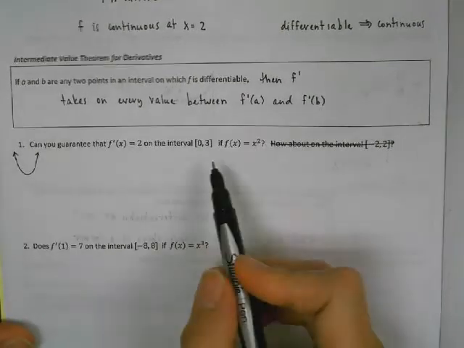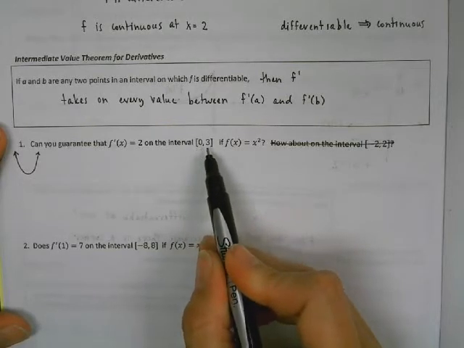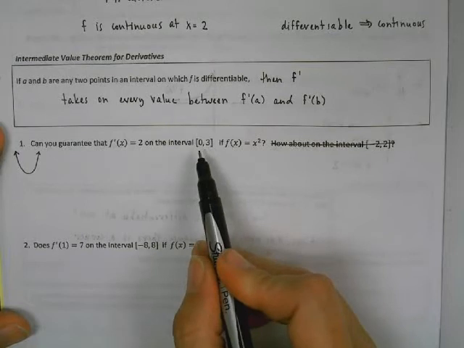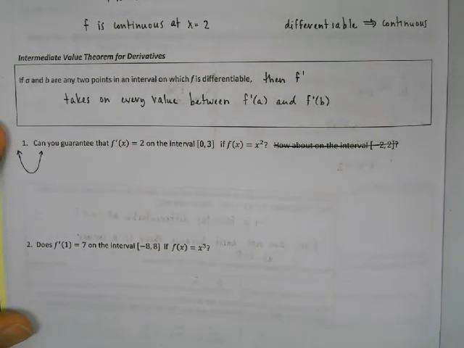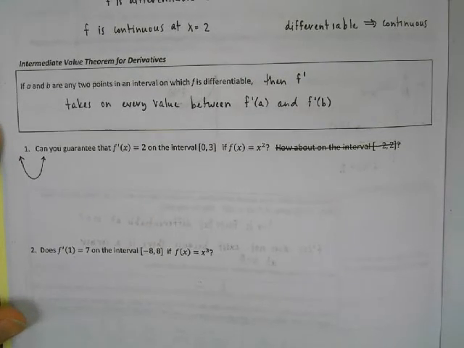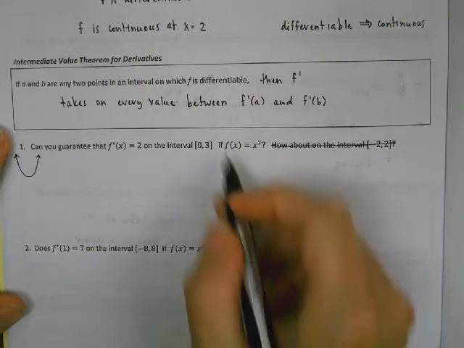So now we need to be able to find the values of f prime of 0 and f prime of 3. And if 2 falls in between those values, then we know that the derivative takes on the value of 2 at some point.